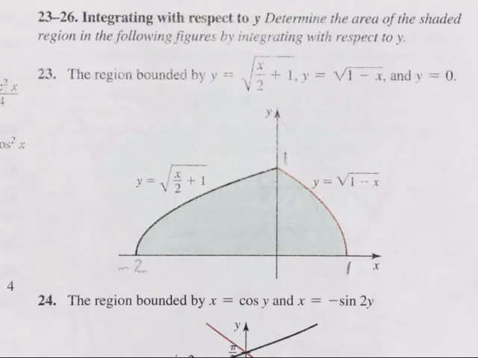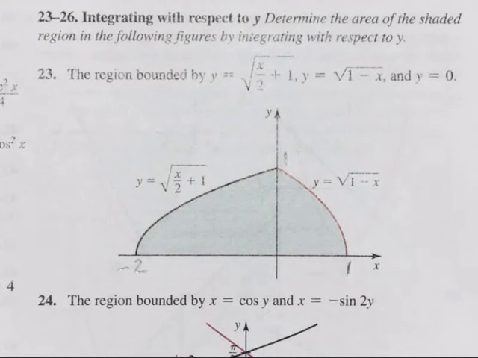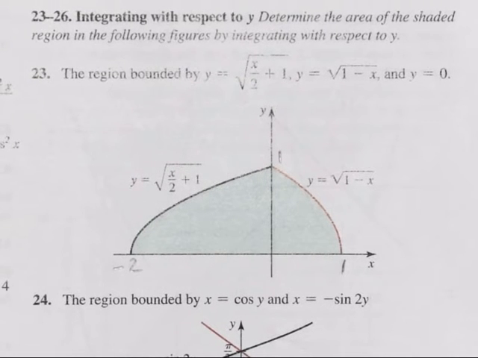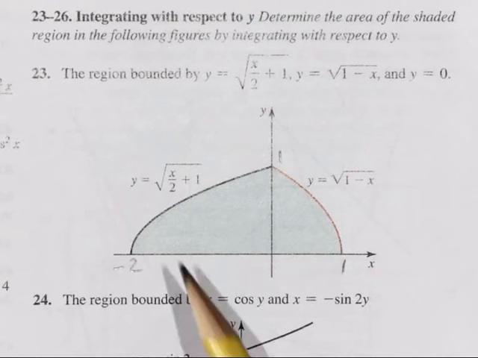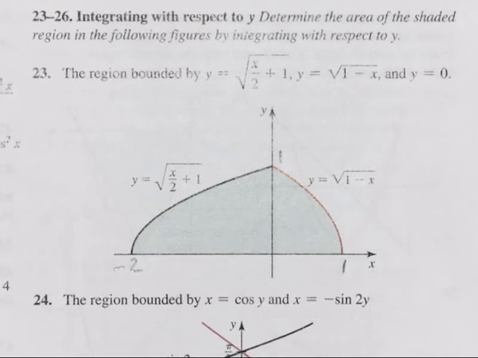So let's work this out with respect to y, since that's what they wanted us to do anyway. The first thing we're going to want to do is rewrite these functions so that they're not solved for y, but solved for x, since we're basically doing the inverse of what we just did.